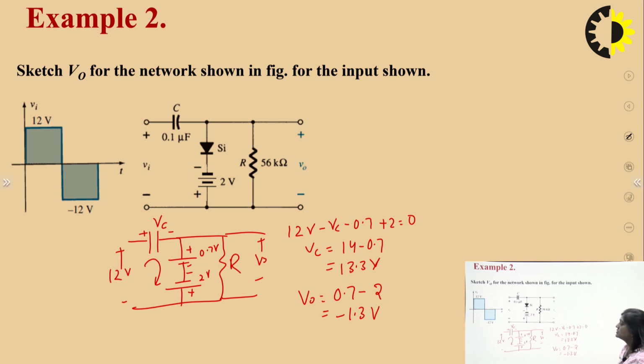That is the output, because this V0 plus minus is in parallel with plus minus 0.7 minus plus 2 volt. So it will be minus 1.3 volt. So this is the case whenever the diode is forward bias.